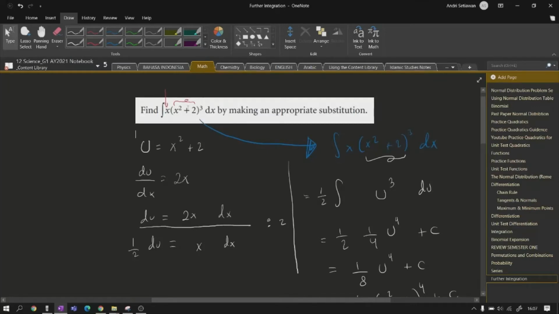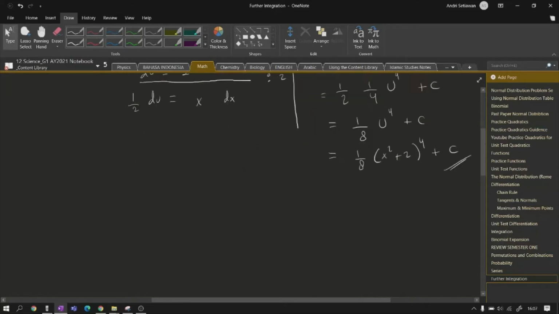Outside the bracket, we need to find x dx. So for getting x dx from this first derivative, we need to divide by 2. Okay, so we get half du equals x dx.